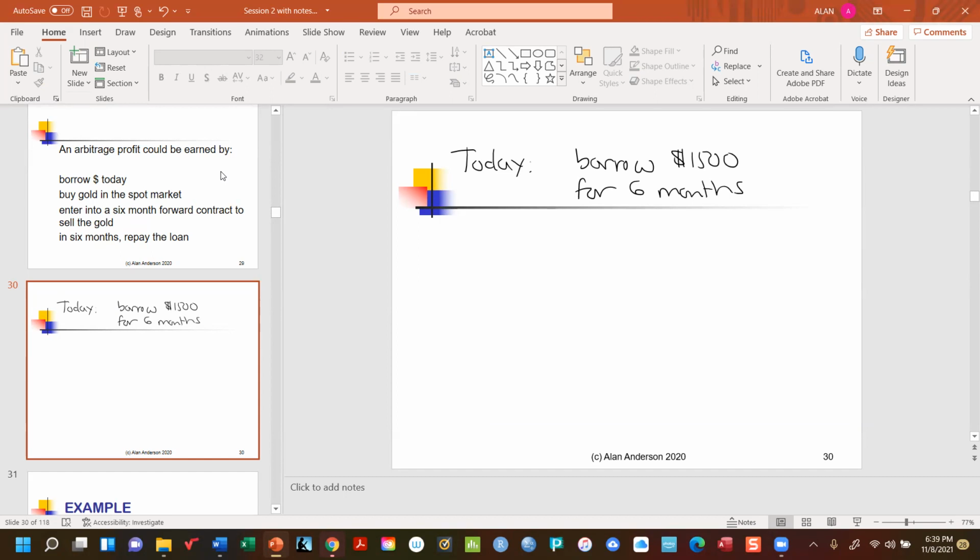Now, by the way, this simplified version that I'm showing you assumes that we can borrow and lend at the risk-free rate of interest. If not, we have to make some adjustments, but this will illustrate the basic principle. So we're going to borrow $1,500 for 6 months at R equals 6%.